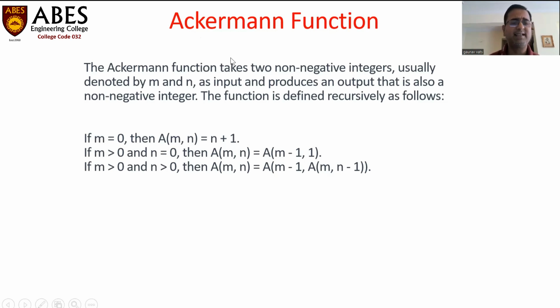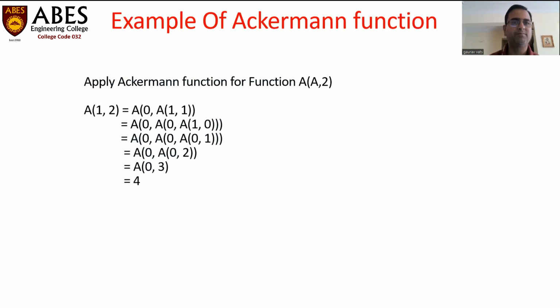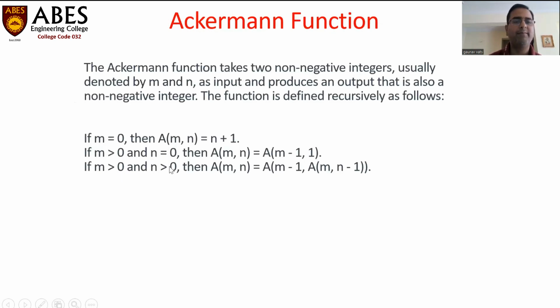Now, let us take an example that will explain this function in a better manner. Suppose this is the question: apply the Ackermann function for the given function A(1, 2). Now, in A(1, 2), the value of m is greater than 0 and the value of n is greater than 0, so it is the third condition.